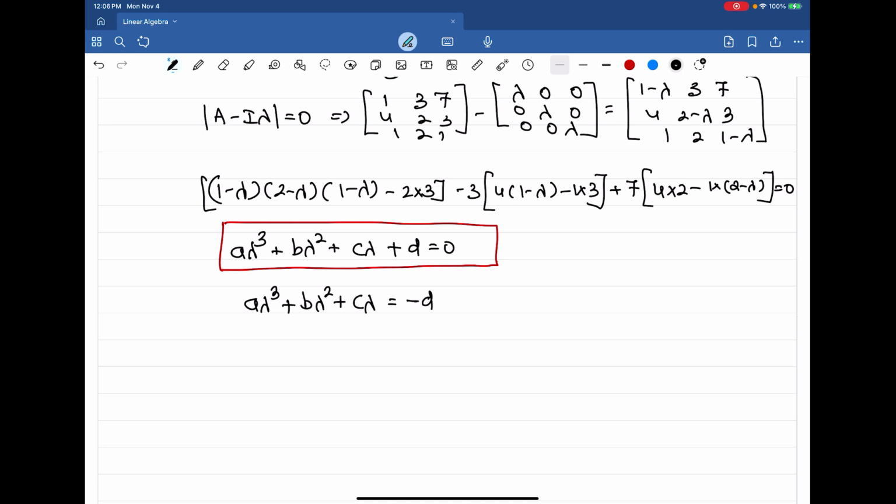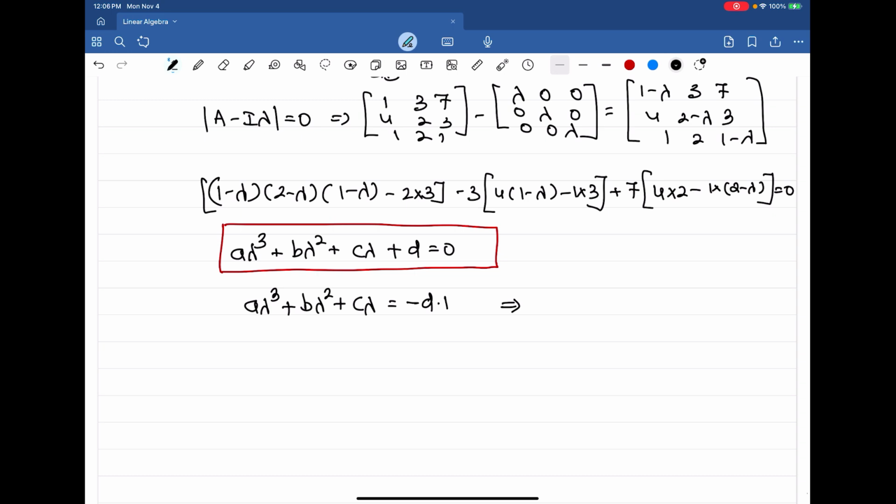Minus d into 1. If I replace lambda with A, what happens? Or else we can even write A lambda square plus B lambda plus C is equal to minus D by lambda.